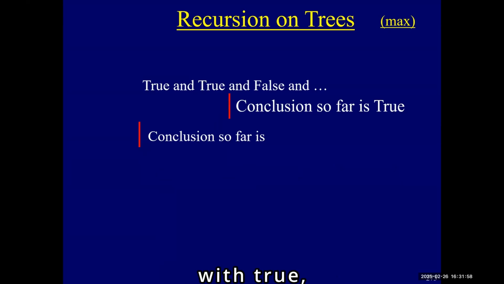You want to start with true, because if you started with false, you're dead in the water. Once you've got false in an and, it's false forever. While if we're doing ors, then you start with false.